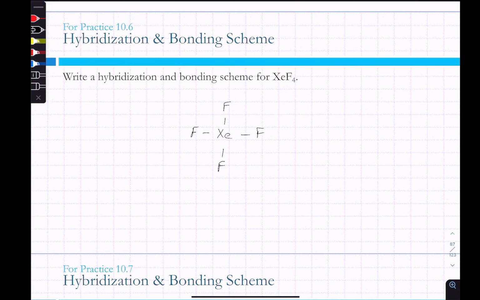Right, Lewis structure. We can skip some steps here. We can count up all the electrons. We can distribute those electrons. We can find out that there are more electrons than we can fit on just the fluorine atoms, and we can decide to put those electrons on the central atom. Skip some steps. Okay, so what's the next step?